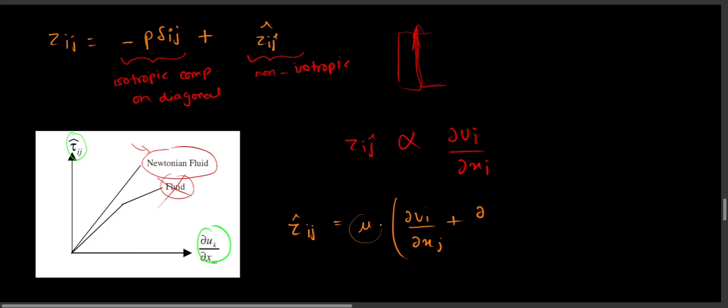You must have seen this in physics problems involving friction. Here u is the velocity, and del u_i by del x_j gives you the rate of change of that particular length in that particular orientation.